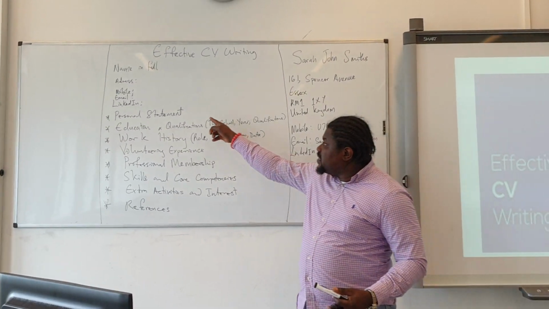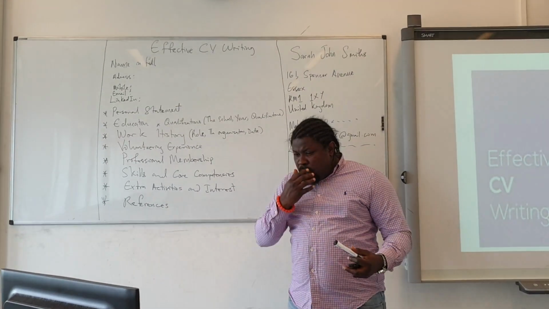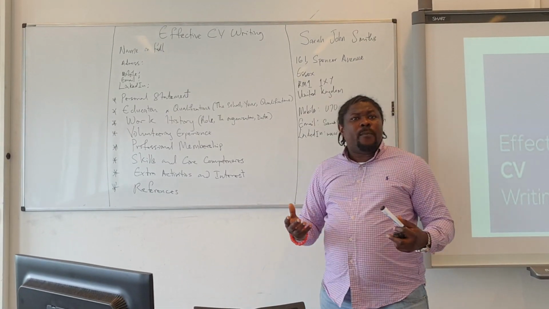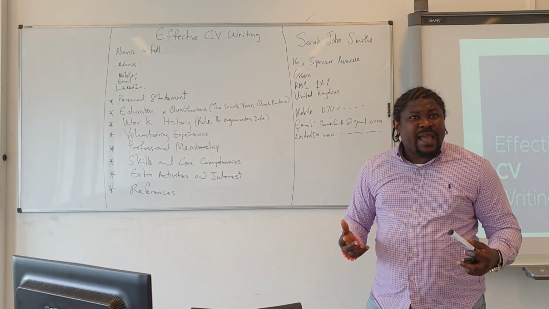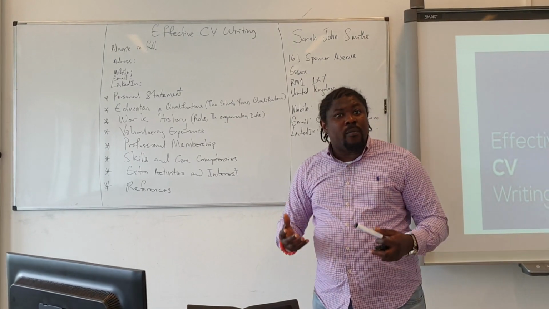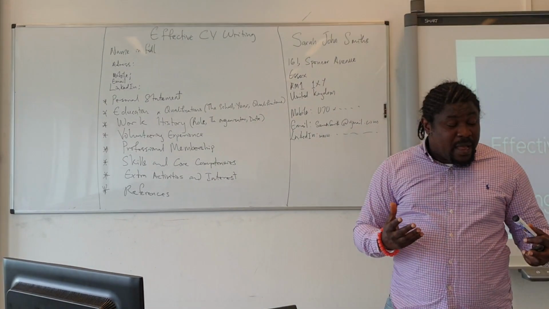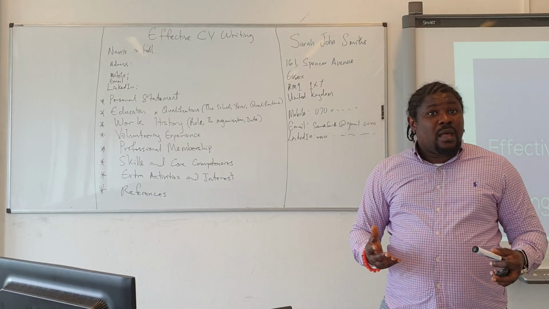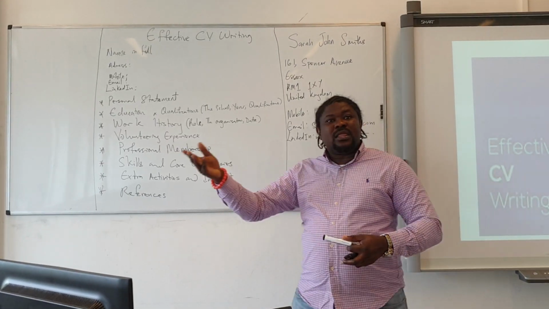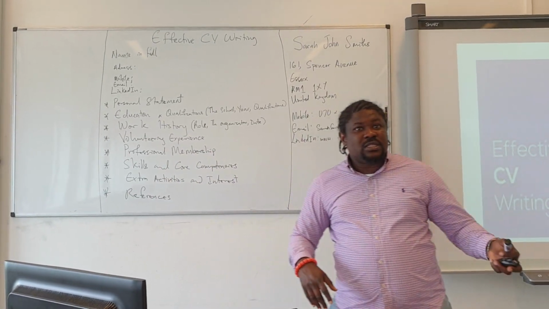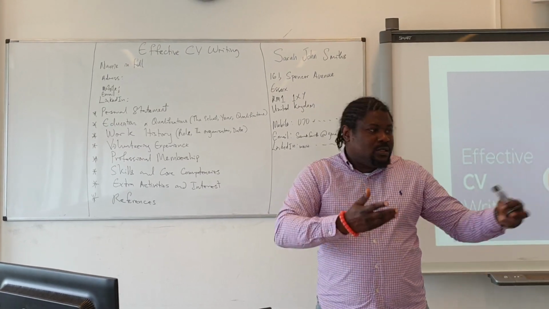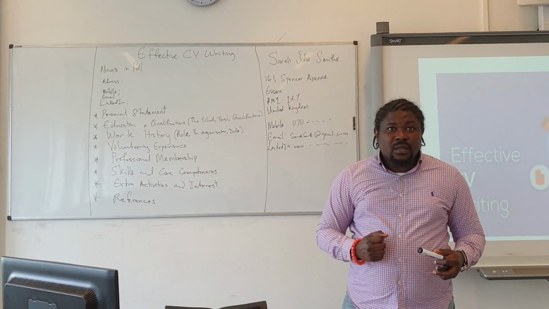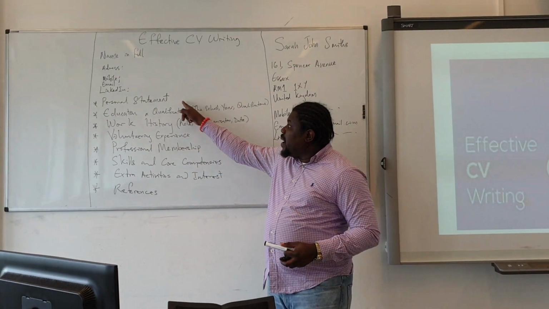Then you end this personal statement by saying things about where your passion lies. My key areas of interest, or my key passion, are working in international development, logistics, finance, and whatever. So that's how to talk about the personal statement.